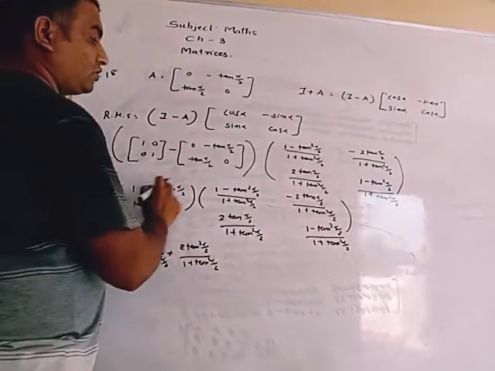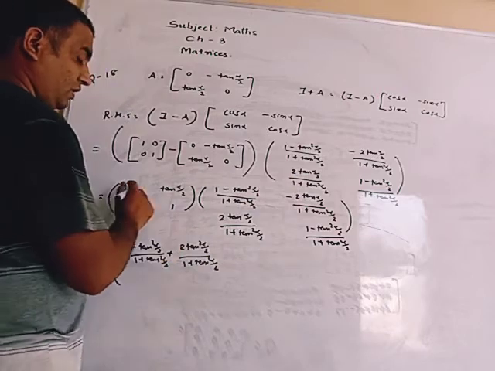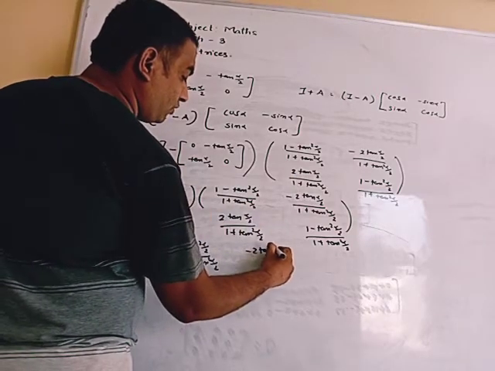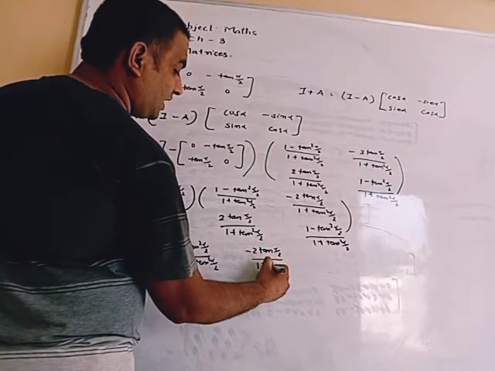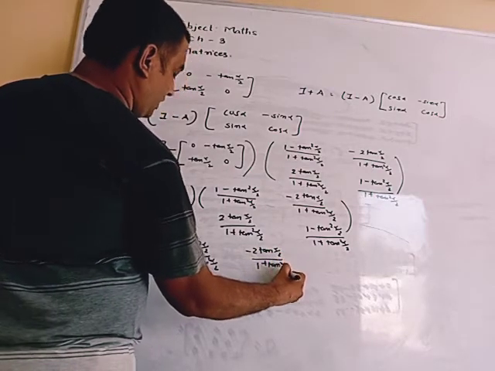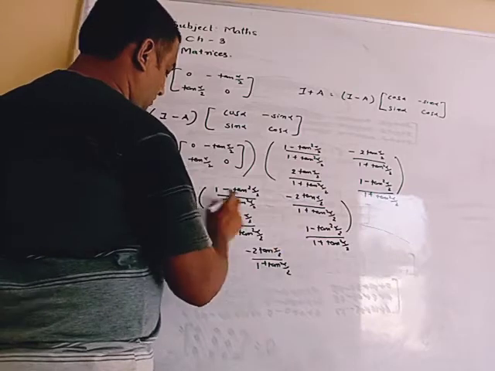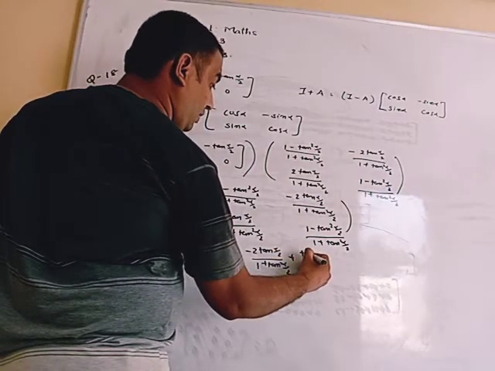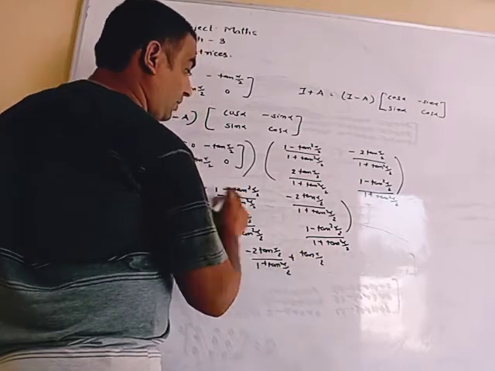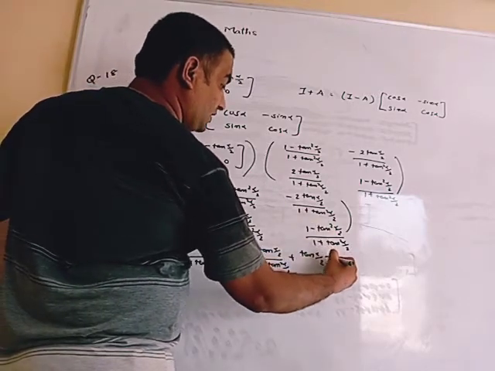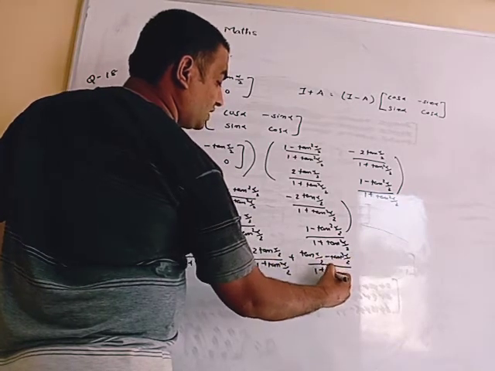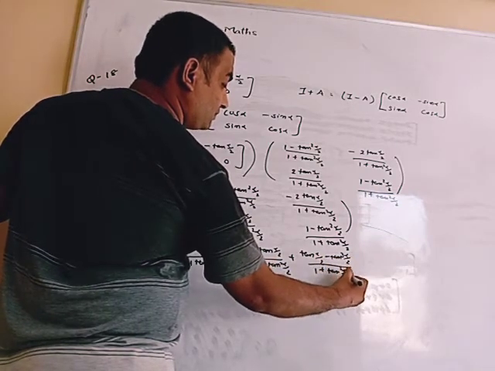Then first row multiplied with the second column: 1 into minus 2 tan alpha by 2 upon 1 plus tan square alpha by 2, and tan alpha by 2 into 1 minus tan square alpha by 2, that is tan alpha by 2 minus tan cube alpha by 2 upon 1 plus tan square alpha by 2.